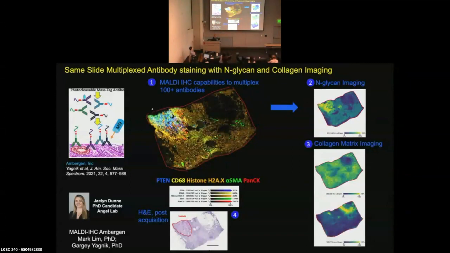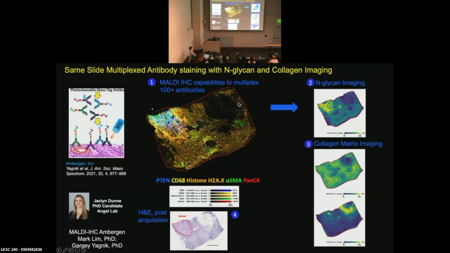So we've recently submitted an article looking at combining antibody stains with N-glycan and collagen imaging. This was led by Jacqueline Dunn, a student in my lab. And so she has used the Ambergen MALDI IHC capabilities, which basically attaches a photocleavable mass tag to the antibodies.